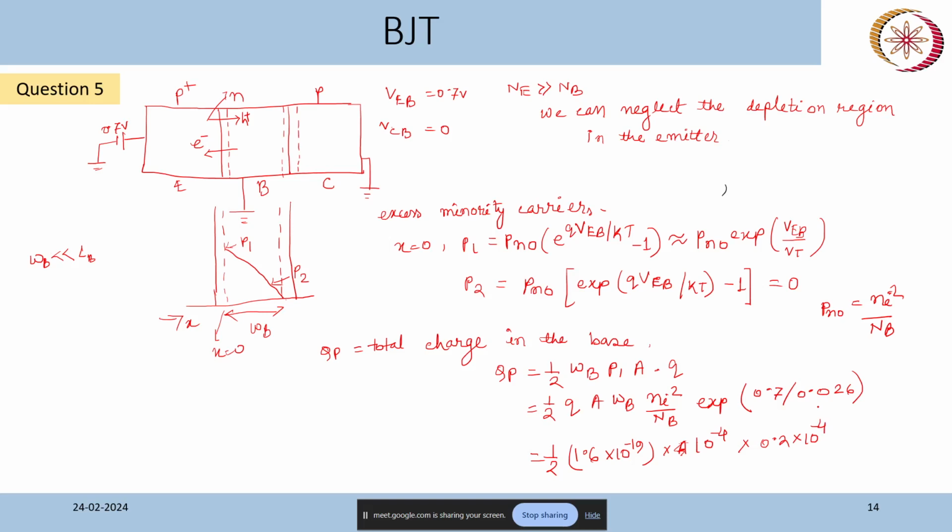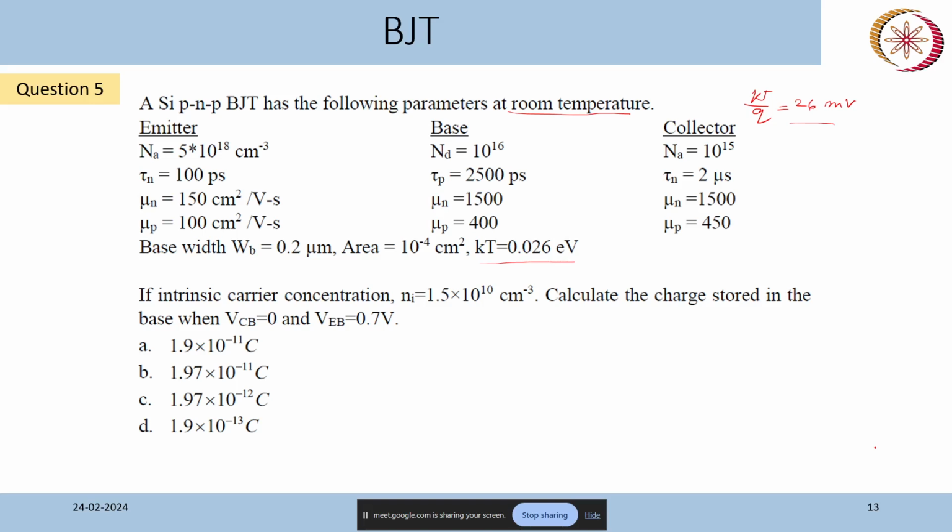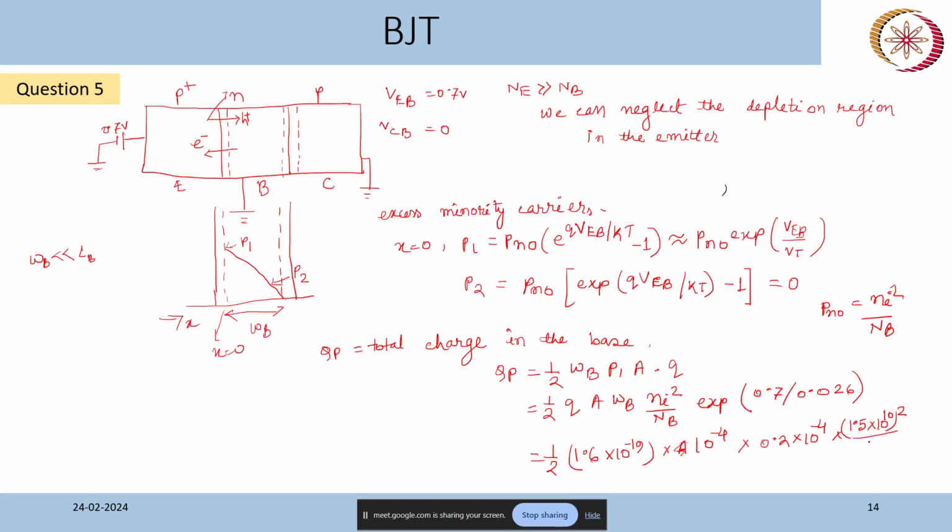Let's write in terms of centimeter. Ni is 1.5 into 10 to the power 10 square. Nb is 10 to the power 16. And then the exponential term.